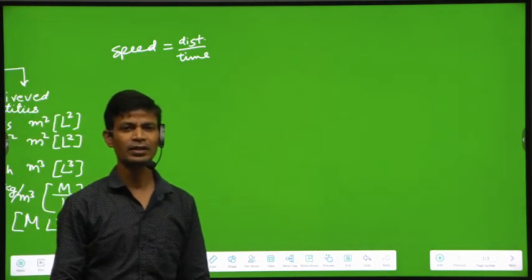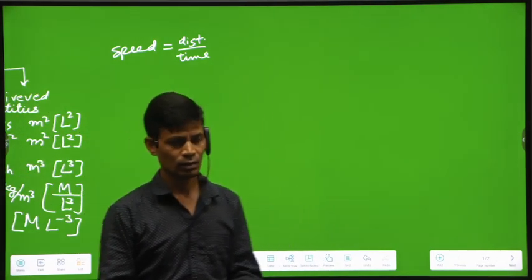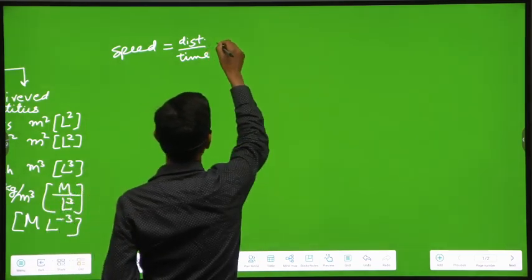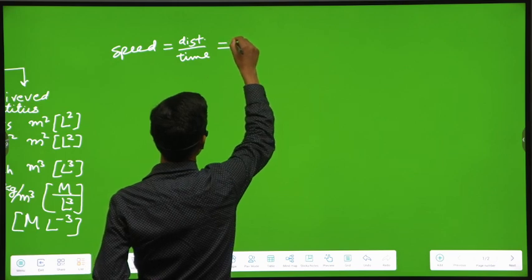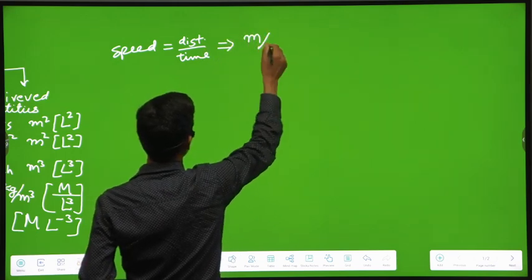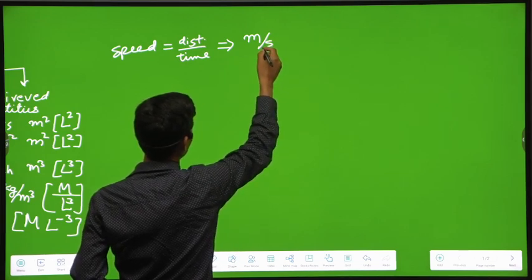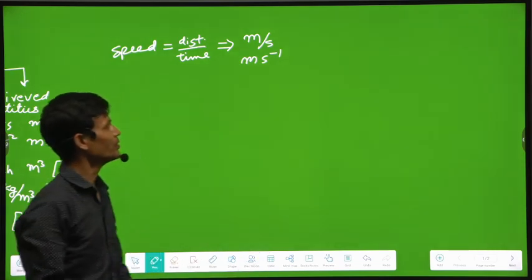Distance, again, a span, a length. So, because it is length of the path, its SI unit is meter per second. It is better to write it like this, m s minus 1.